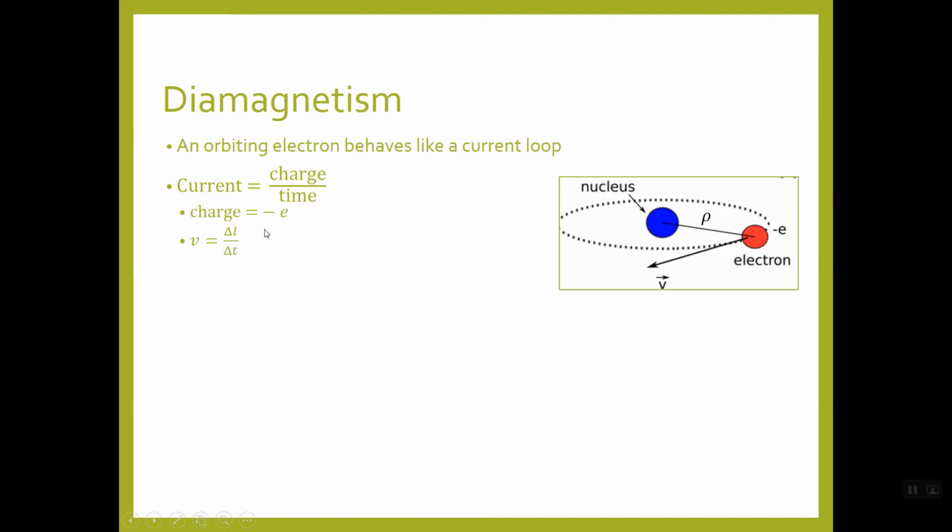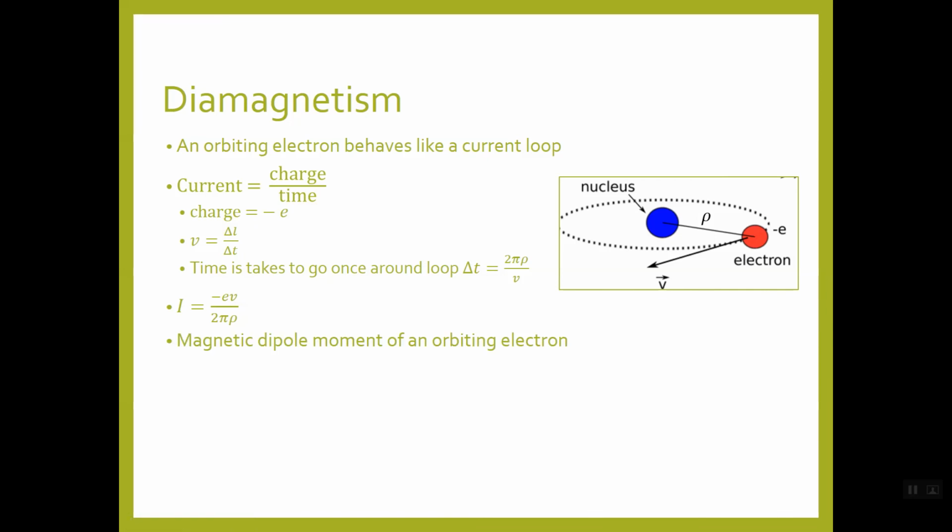The velocity of the electron is displacement delta L over delta T. So the time it takes to go once around the loop, delta T, is going to be 2 pi rho, where rho is the radius of orbit, divided by v, its speed. So the current created by the orbiting electron will be minus e v over 2 pi rho. Okay, so it's the charge over time. Here's the time, 2 pi rho over v, and charge, negative e.